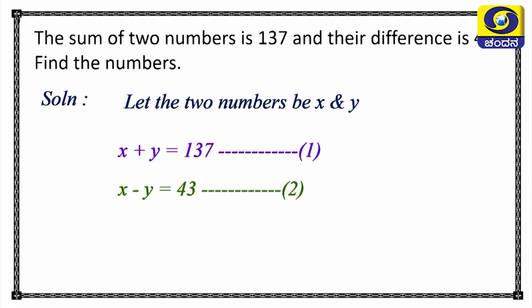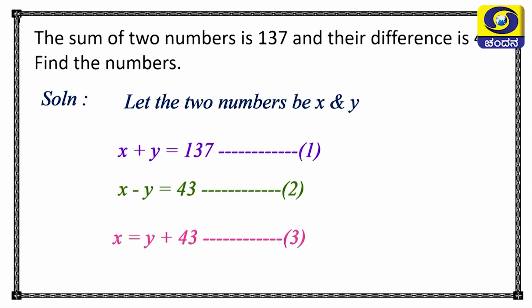Now equation number 2 can be written as x is equal to y plus 43 because I am sending minus y to RHS, so it becomes plus y. X is equal to y plus 43. So assume this as equation number 3.